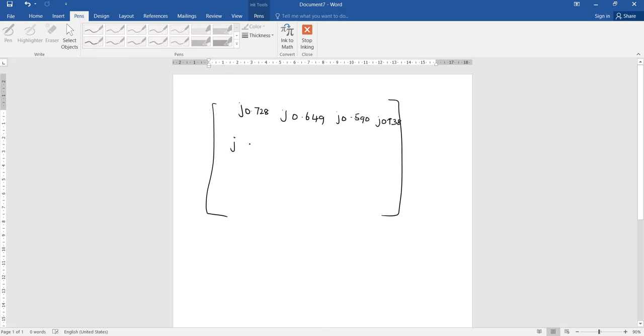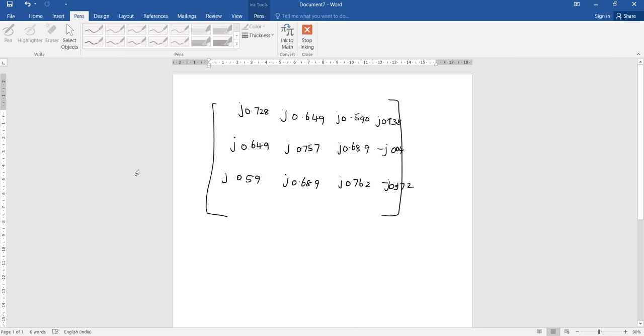Then the second row: J 0.649, J 0.757, J 0.689, minus J 0.04. Third row: J 0.59, J 0.689, J 0.762, minus J 0.172.